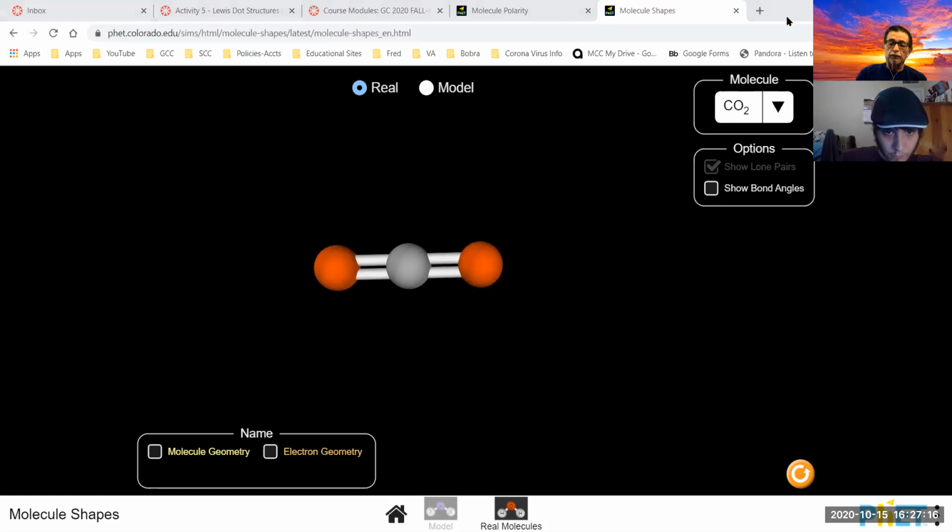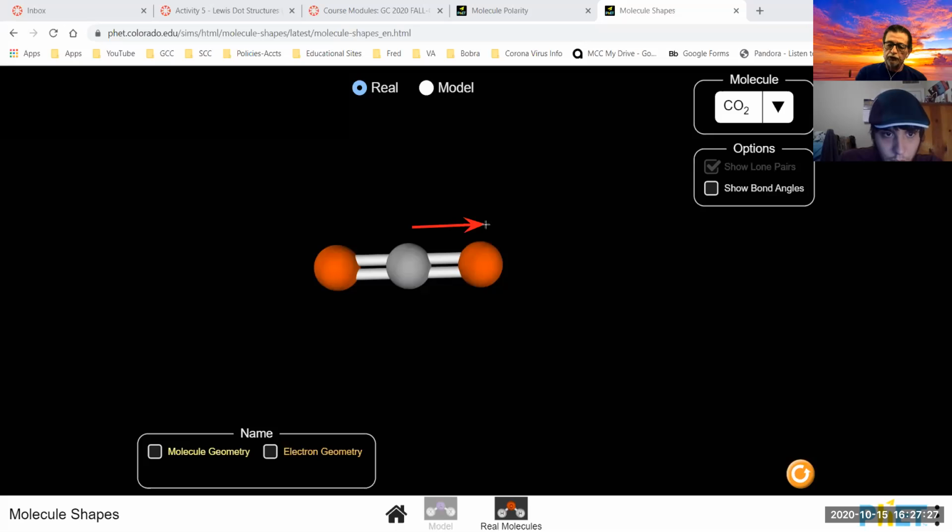Now, we went through the example here when we were doing the Lewis dot structure, but this is carbon in the central atom and oxygen denoted by red. Two different atoms, we have a dipole. Okay. You go to the other side, carbon and oxygen, totally different, two different atoms. Guess what? We have a dipole. So those two bonds are polar.